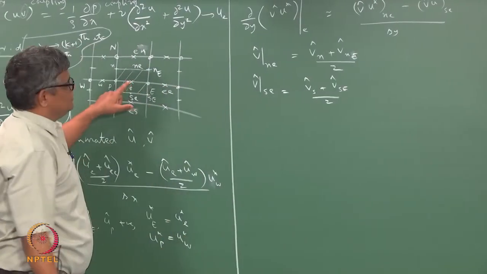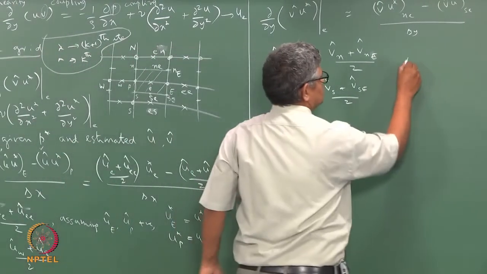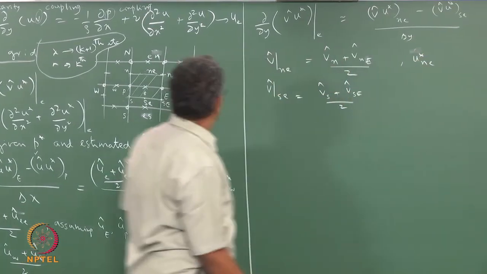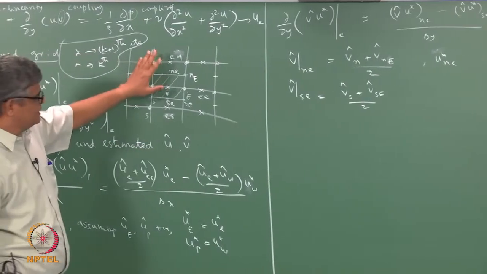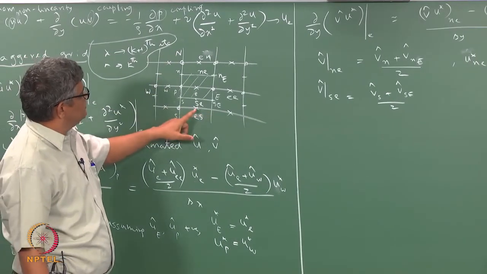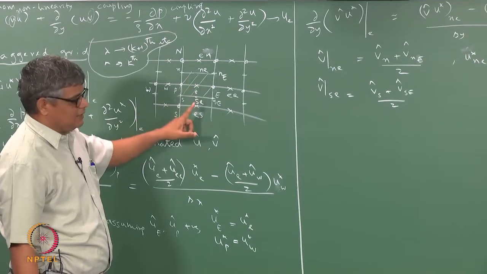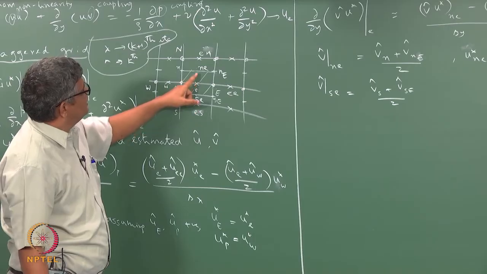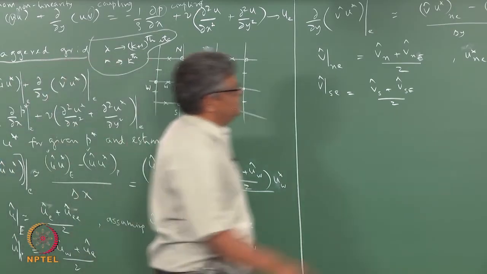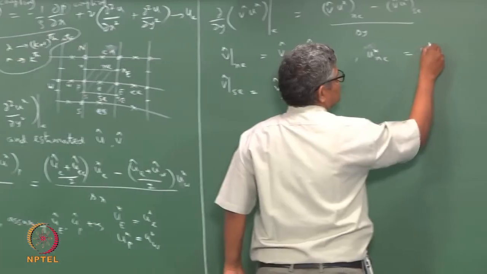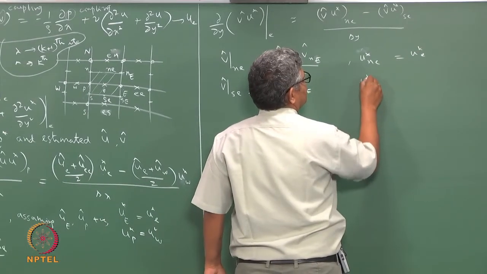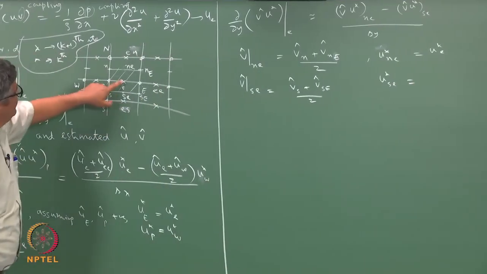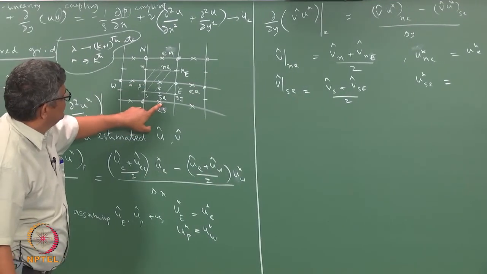Now the U star value is based on upwinding, because flow is coming in this direction, and the specific value of U that it is bringing, assuming that V hat is positive, then at this point this will be equal to UE star, and U star at SE will be equal to the value at this point here.